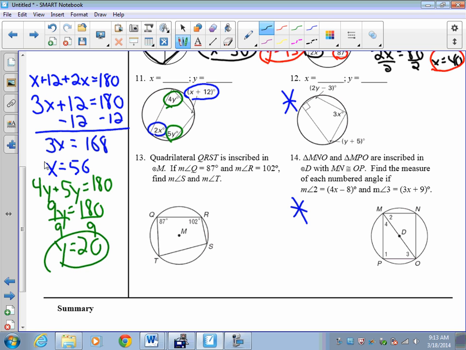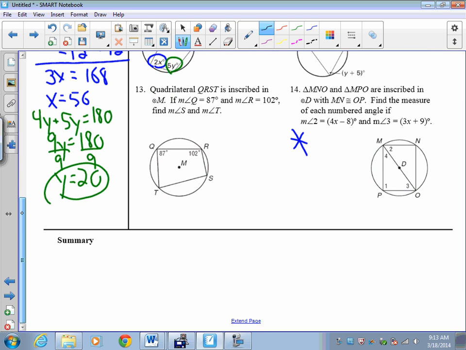So the last one here, we have some words, but that's okay. This quadrilateral QRST is inscribed in circle M. The measure of angle Q is 87, and the measure of angle R is 102. Find the measure of angle S and the measure of angle T. So the measure of angle Q plus the measure of angle S equals 180.